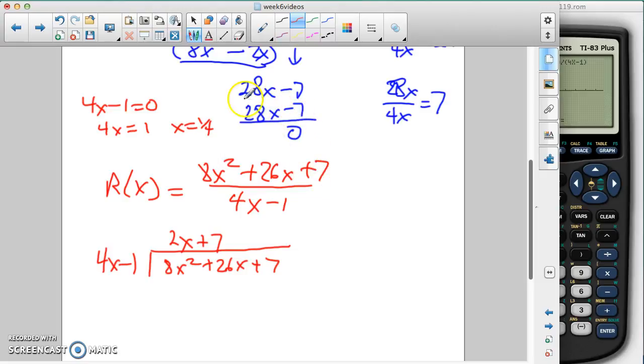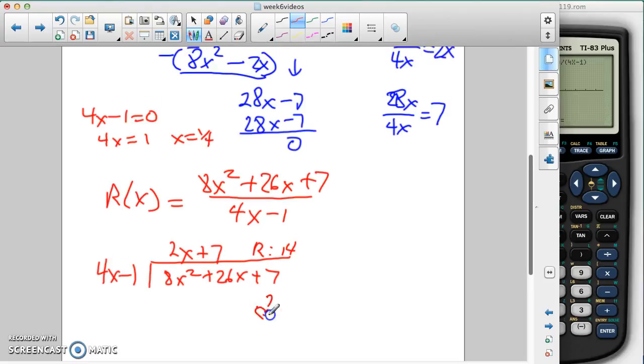When we got down to here and we subtracted, it would be a plus 7 here and another plus 7. So we'd have a remainder here of 14. So when we got that division, we get 2x plus 7 plus 14 over 4x minus 1. So this would be our polynomial division.